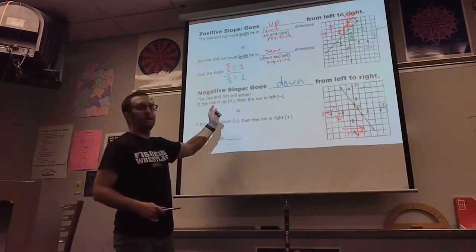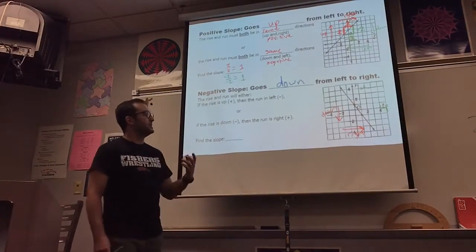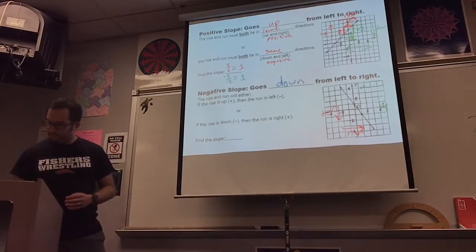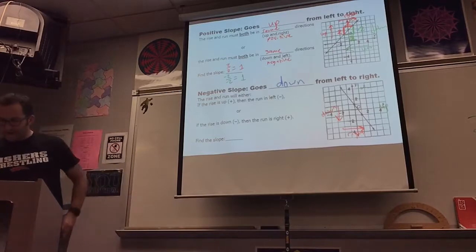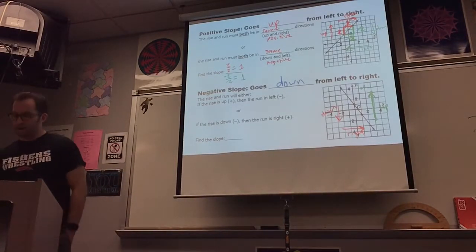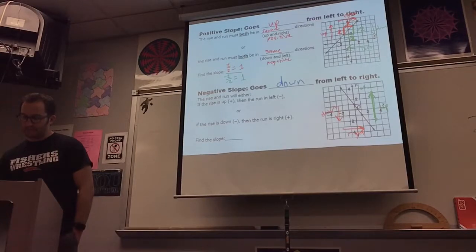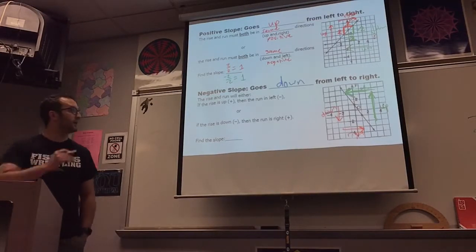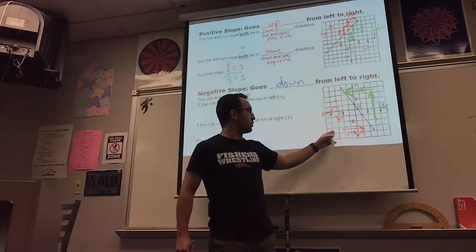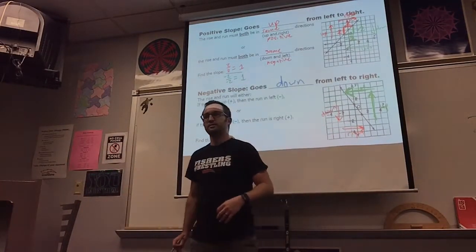These will always be opposite signs. So if the rise is up, then the run will be negative, will be left. If the rise is down, then the run will be right.